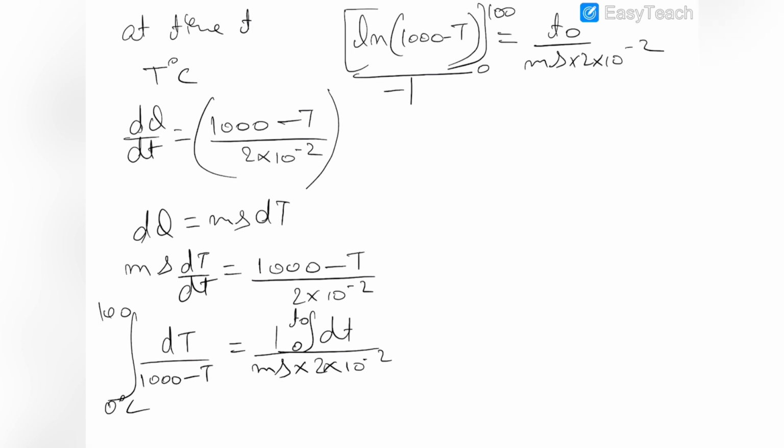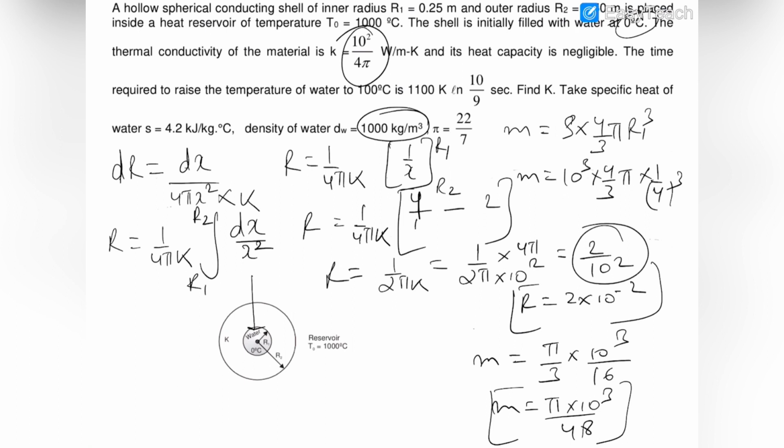So when we substitute the limits here, let us use this negative sign and invert the limits. If we substitute the value 0 in place of T, it would be ln 1000, and when we substitute the value of 100 in place of T, it would be 900, and here it would be T0 upon ms, where m we have already calculated.